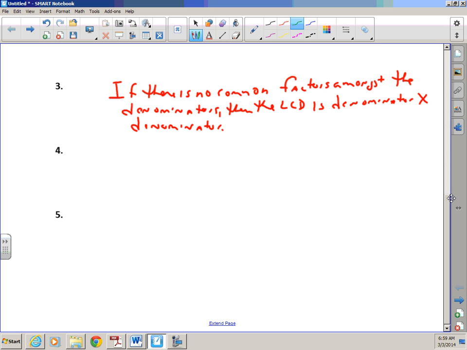Now, as we saw in the do now, you're going to add or subtract the numerators and carry over the denominator.